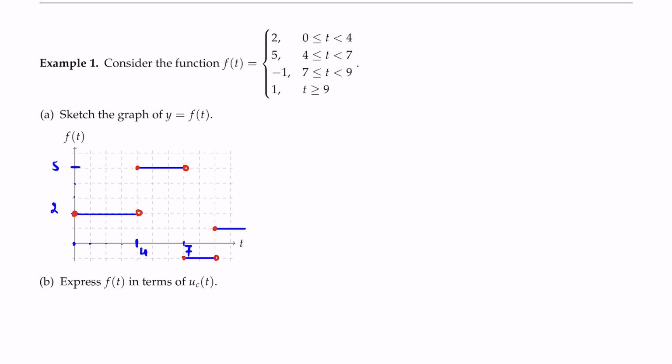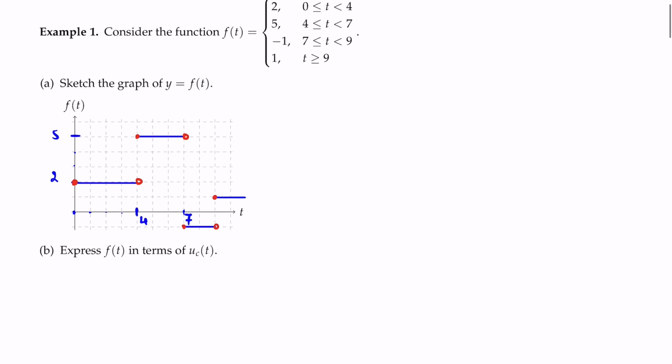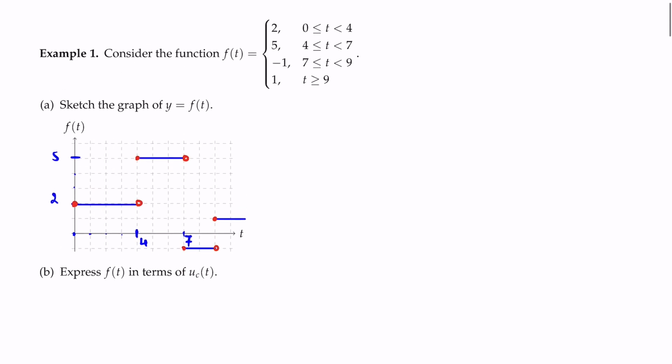Now, can you express this function in terms of the shifted unit step function? Okay, and see what happens. So here's the procedure. You're going to see this approach over and over again in these lecture notes. To get the final shifted unit step function that represents this piecewise defined function, here's the procedure. You start out with the first function, obviously, and the first function is in the interval starting at 0.